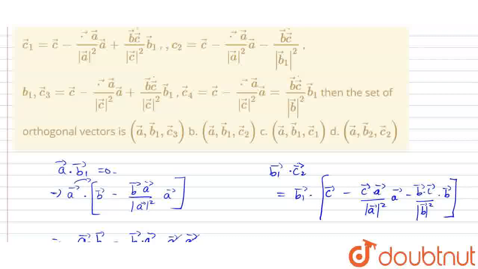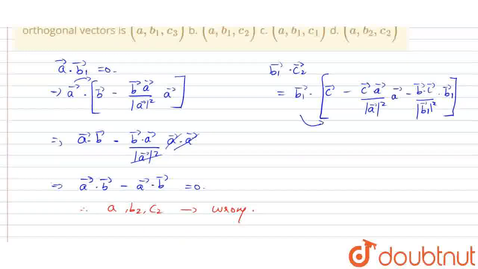So this is the C2 vector here. Okay students, this one is B1 vector, right? So this one is B1 vector square, and this one is B1 vector here. So they are given B1 vector. Now I'm going to multiply this B1 vector inside the bracket.